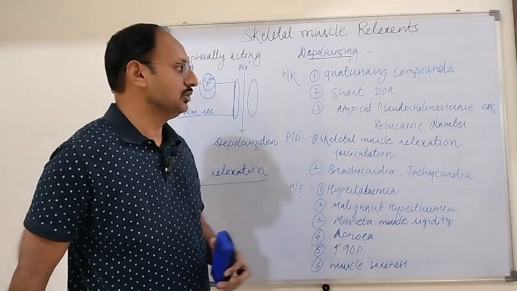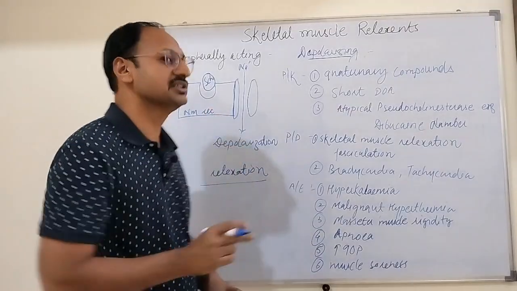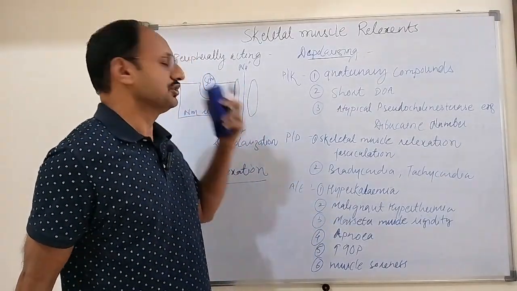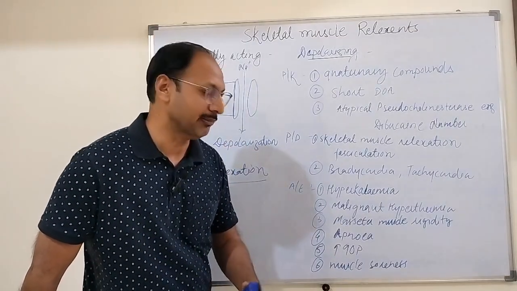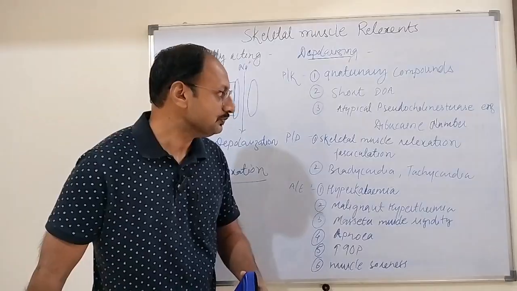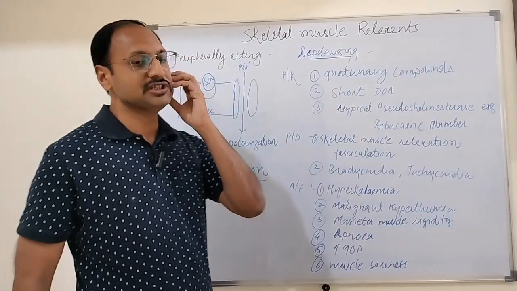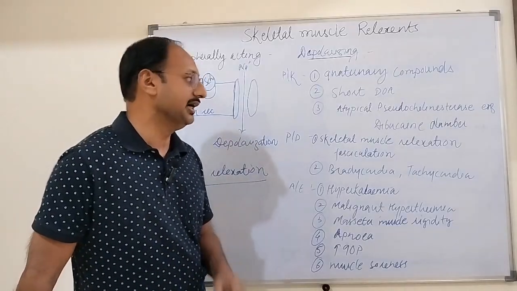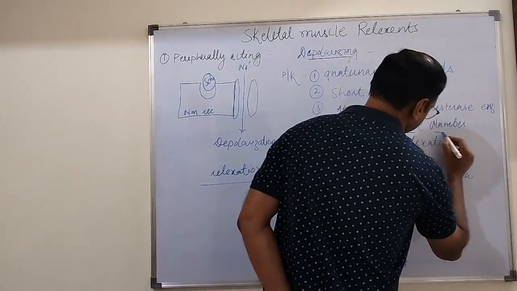This atypical pseudocholinesterase enzyme does not metabolize succinylcholine sufficiently, which leads to toxicity of succinylcholine, which can precipitate prolonged apnea. And this ability of pseudocholinesterase enzyme to metabolize succinylcholine is identified by the dibucaine number.